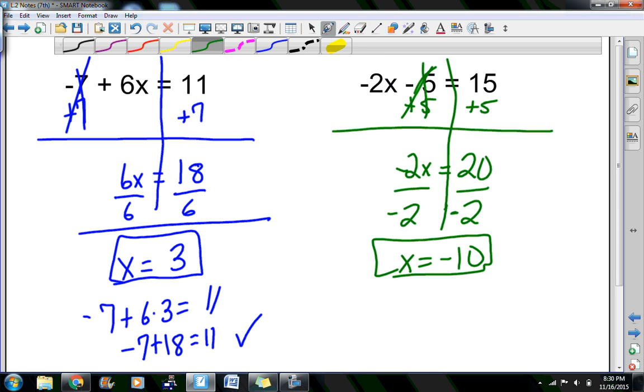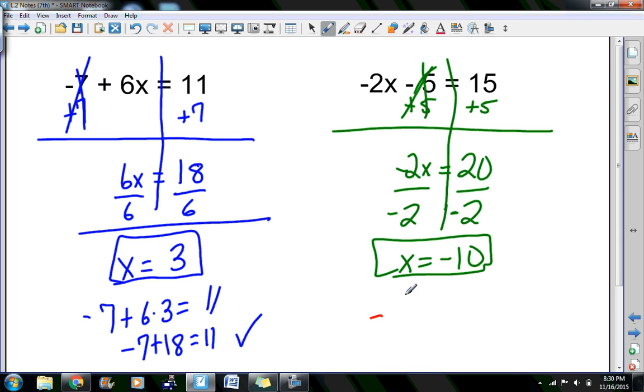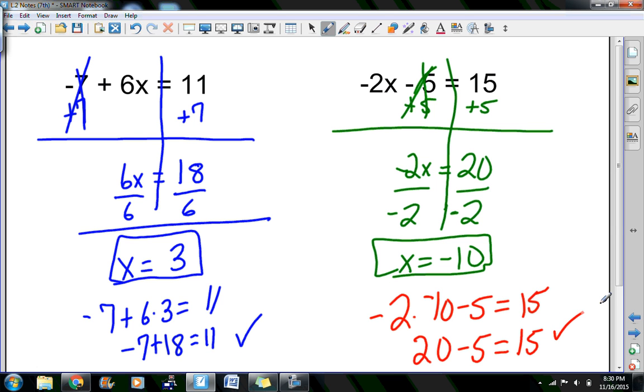So now to plug it back into the original equation, negative 2 times negative 10 minus 5 is equal to 15. Well, I need to remember to do multiplication first. So I get 20 minus 5 is equal to 15. That is true. So we are done.